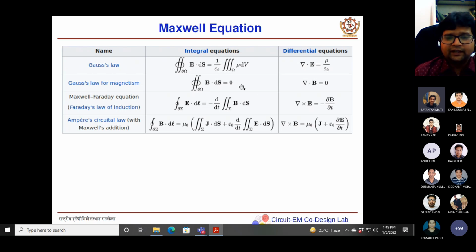It states that if you have a closed surface, then the total magnetic flux enclosed by the surface is equal to 0. Whatever flux is going out must come in.